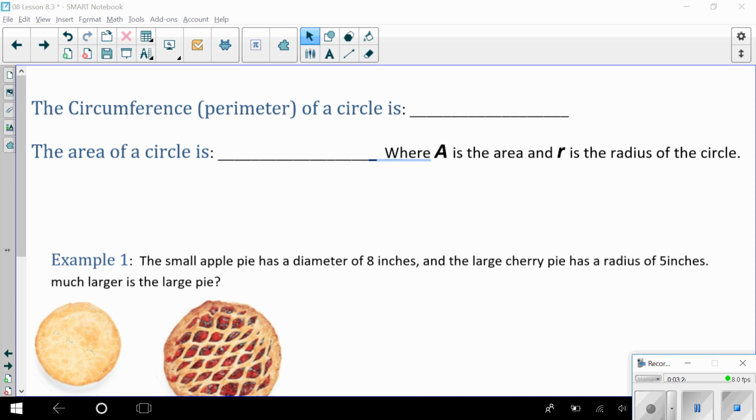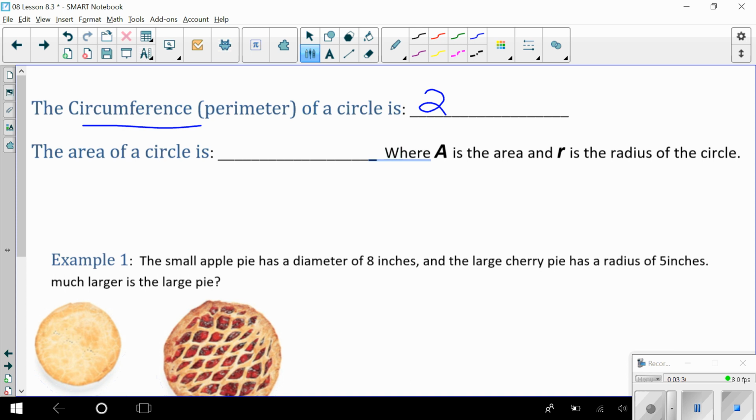So in this next section, let's define the formula for the perimeter of a circle. And perimeter of a circle we call circumference. And the circumference of a circle is 2 times pi times r, and r stands for the radius of the circle.